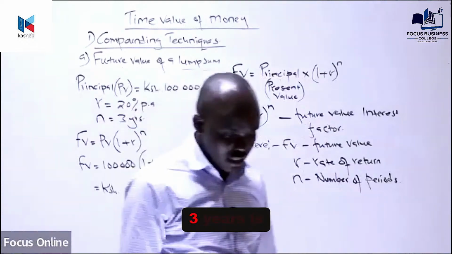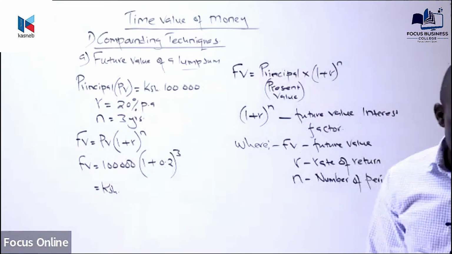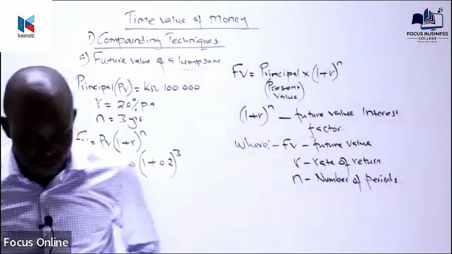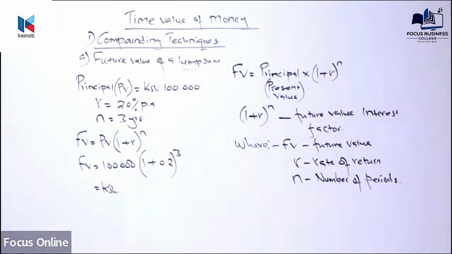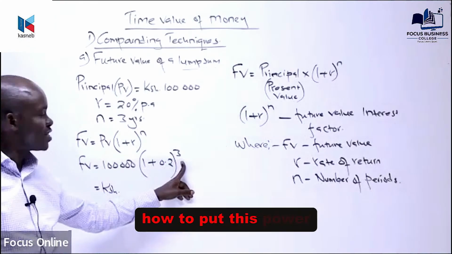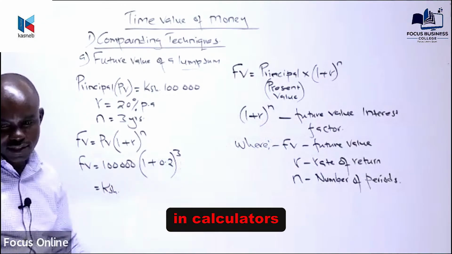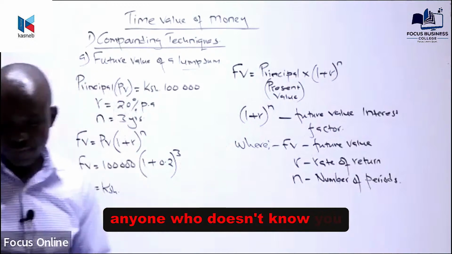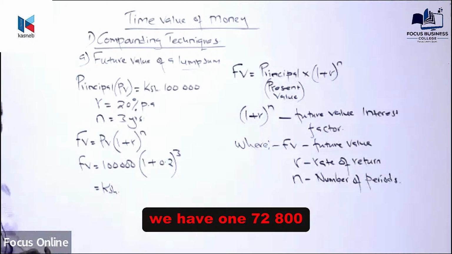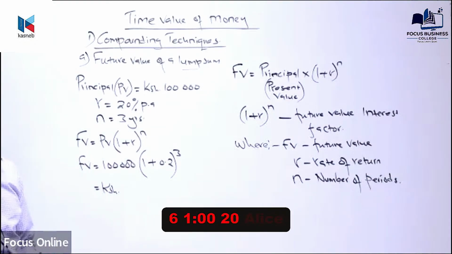So get the value of the investment after 3 years. How much are you getting? You must know how to put this power 3 in calculators. Anyone who doesn't know will be assisted. Now, for example, we have two answers here. We have 172,800 and we have 106,120.